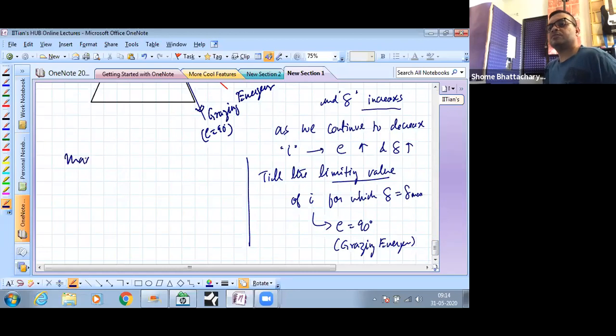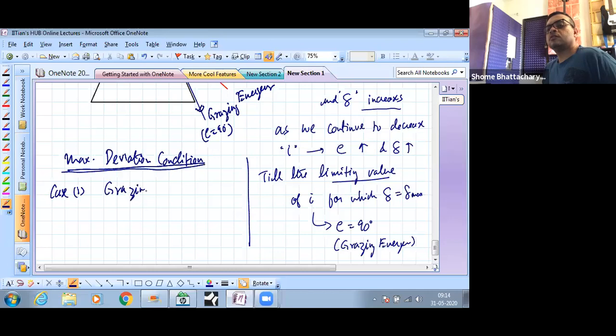So, maximum deviation condition, one way is grazing emergence. Okay. So for that, e is equal to 90 degrees, the maximum possible value, and i will be equal to the minimum possible value.